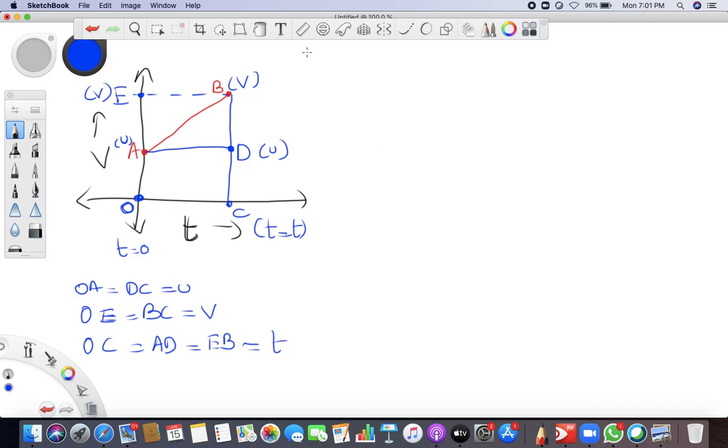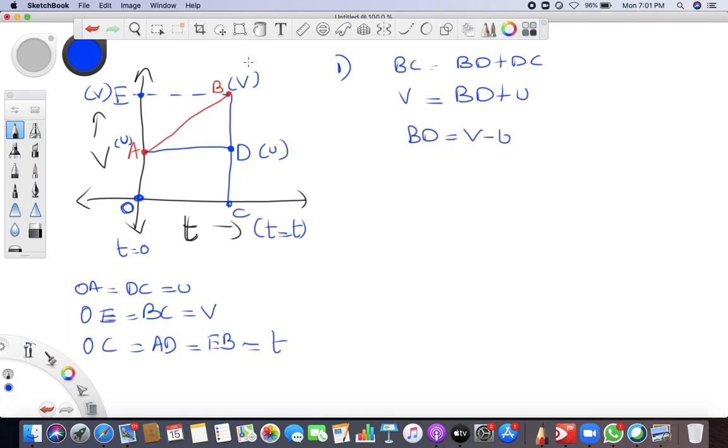Then the first equation we derived like this: BC is equal to BD plus DC. Now BC is V, this is BD, and DC is U. So BD is equal to V minus U.